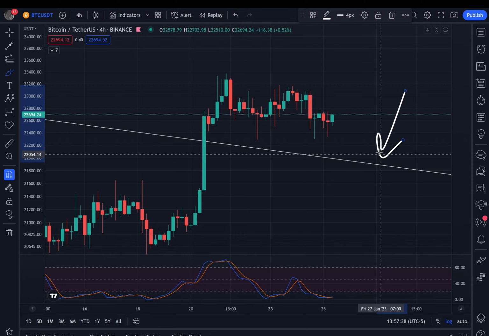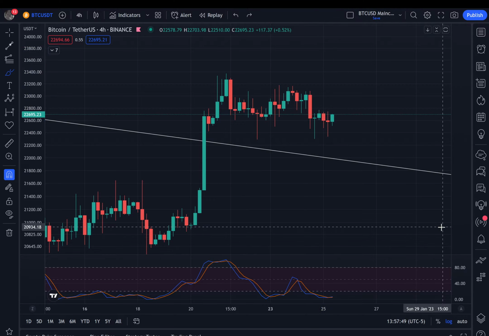So if this moves up, and at the same time DXY is breaking that high time frame, also I believe, let's go back to the DXY for a second.